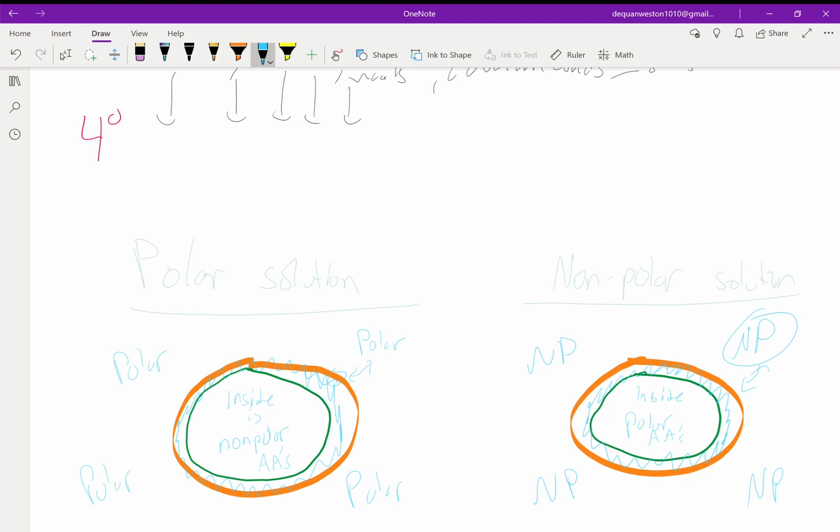If your initial amino acid was positive and it's interacting with an active site, the active site is probably negative. So if we switch the amino acid to negative, there's going to be repulsion. If we switch it to hydrophobic, it's probably not even going to find that little nook inside the active site. So be able to conceptualize stuff in your head. It's going to help you out a lot.